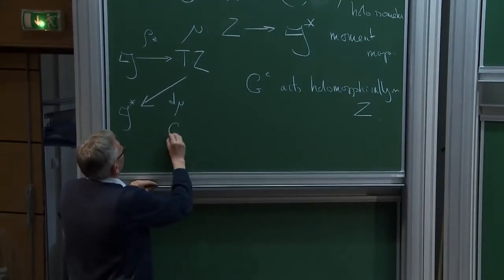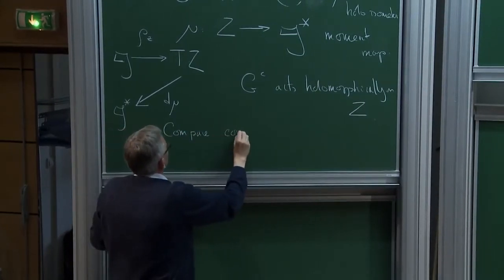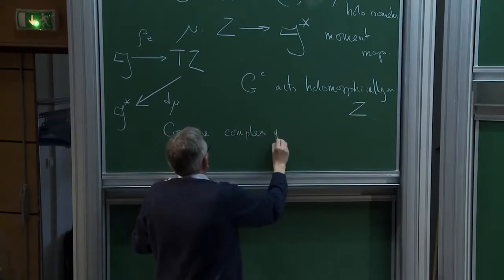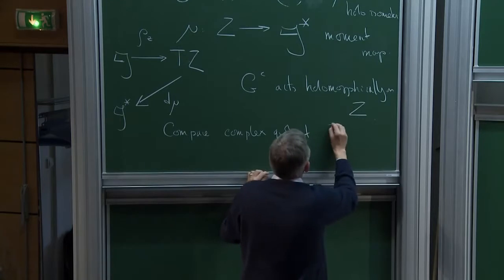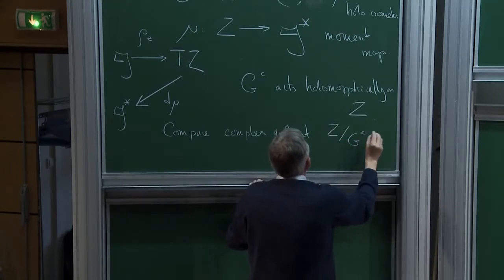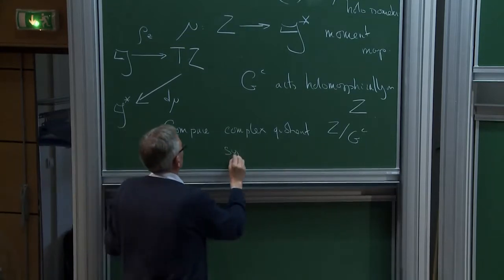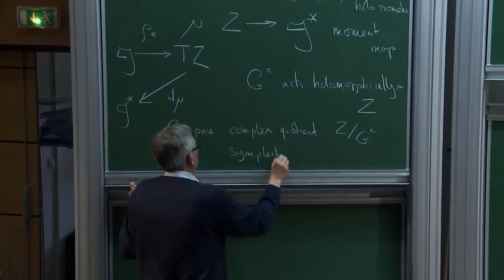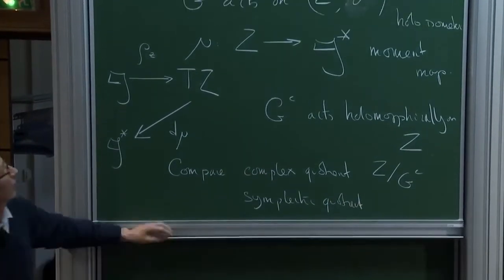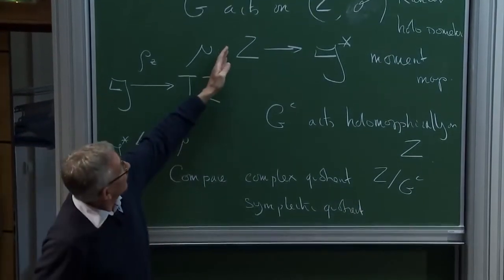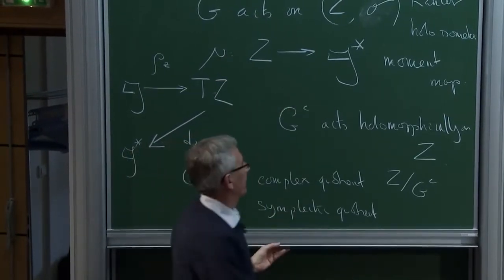So the basic thing is we will compare the complex quotient, which just as a set, this thing, with the symplectic quotient, which is given by looking at the zeros of the moment map, which is a G invariant set, and dividing by G.